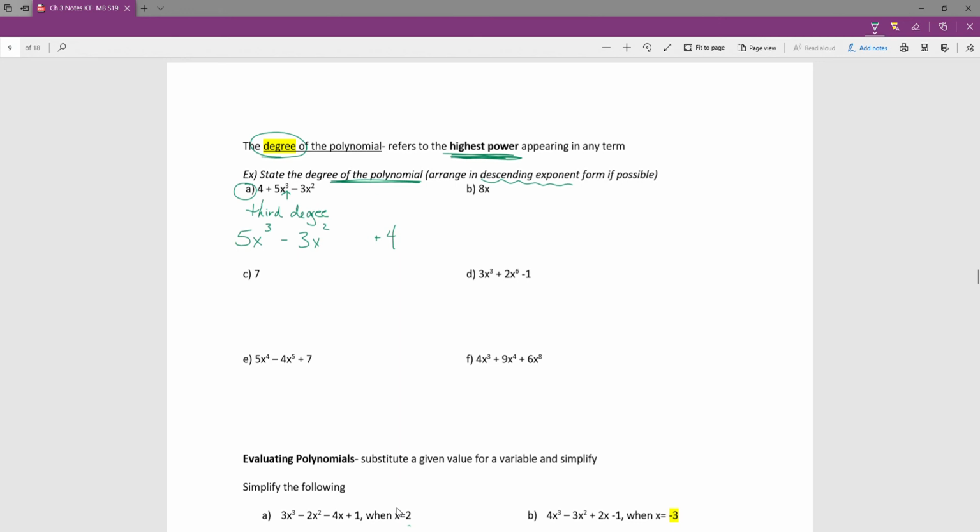So the next one, we're going to do B next. B has something about it that's invisible. And we've seen this in exponent laws, so I don't think it's going to be a shocker to you that there's actually a 1 on that x there. So that would make this to the 1st degree. And I can't write it in descending order because it's just one thing. That brings me back to the missing term over here.